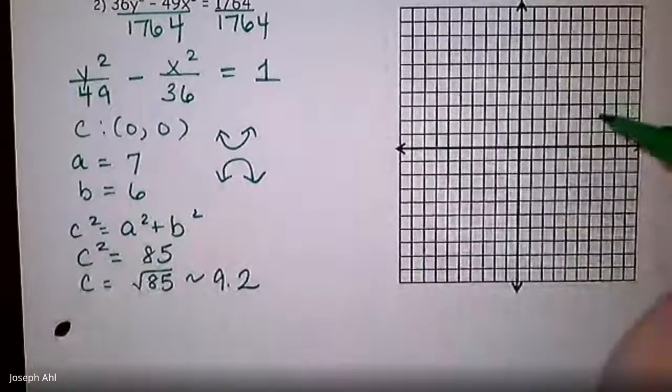Okay, these are 10 by 10 grids, by the way. That's going to help me to make my work a little bit more efficient. So if it's opening up and down, those vertices right here are going to be 7 units up and down. So rather than counting up 7, I'm just going to count back 3. There's one vertex. Here's another vertex, V prime. We've got to go 6 to the left and right.